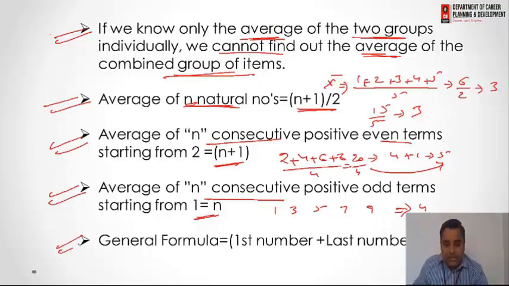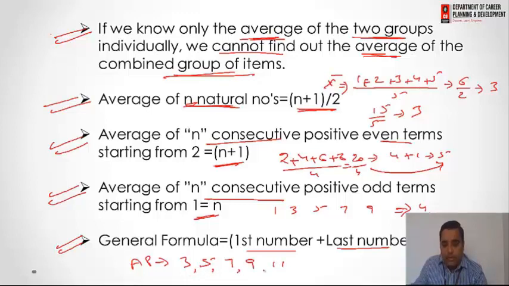Last but not the least, the general formula is first number plus last number divided by 2. This formula we can apply only where the series is an arithmetic progression. For an AP series, the numbers are with the same difference. We can have numbers like, suppose, 3, 5, 7, 9, 11. So these are the numbers that we have in the form of an AP series.